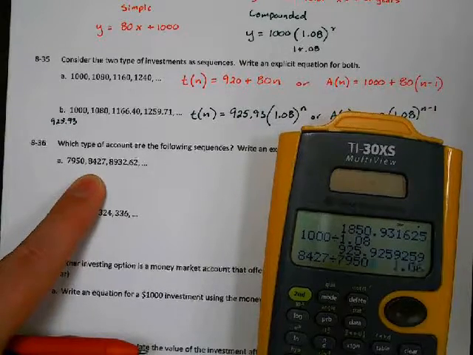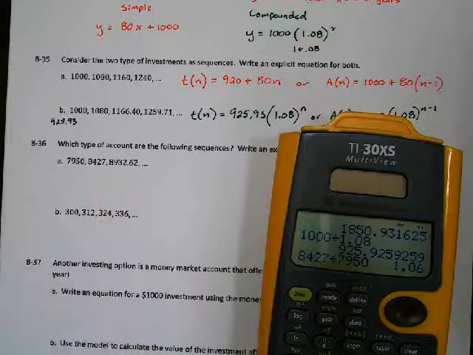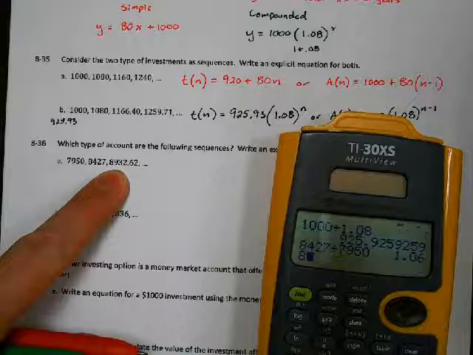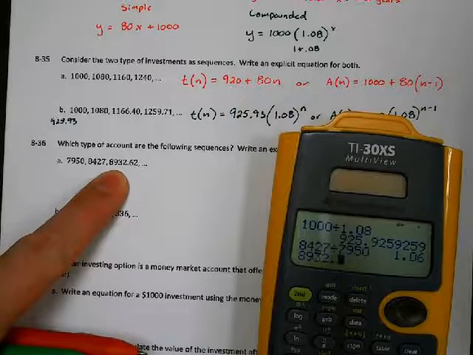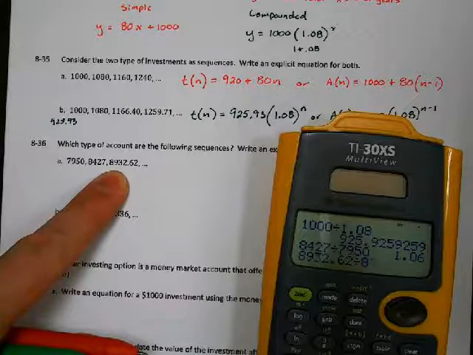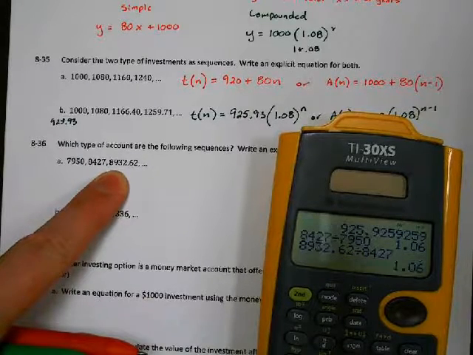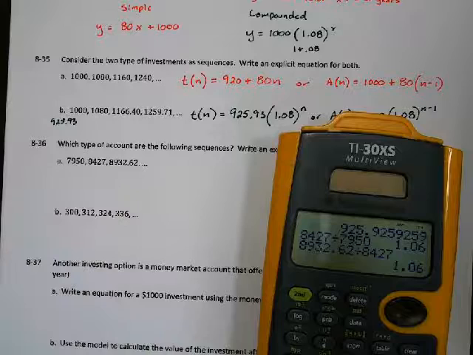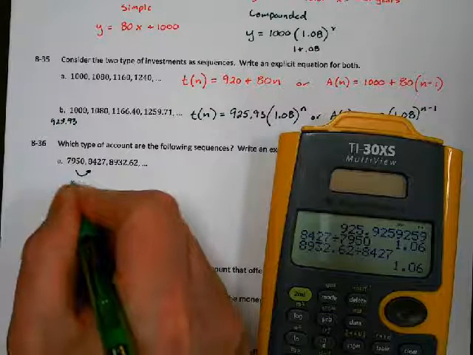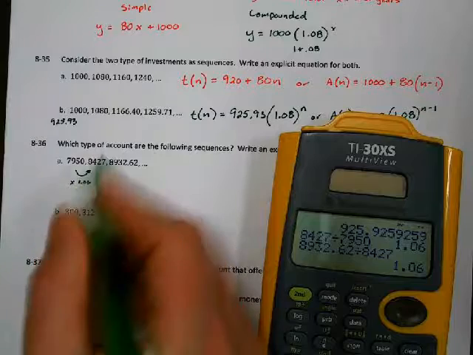Let's see if this is the same thing for this one. 8932.62 divided by 8427. 1.06 again. So this one is multiplying by 1.06. So that would be 6% interest compounded annually.